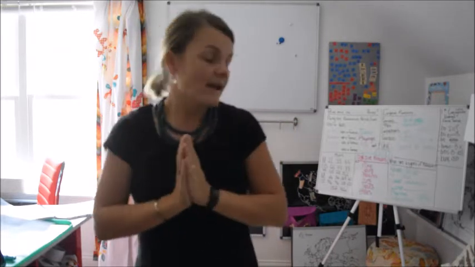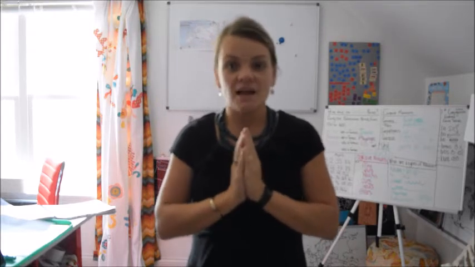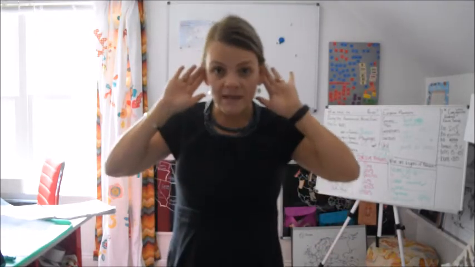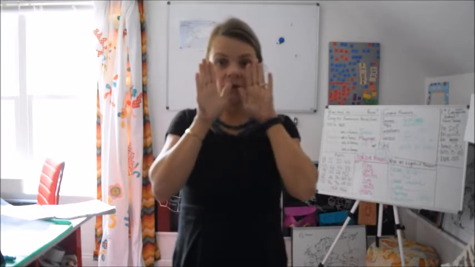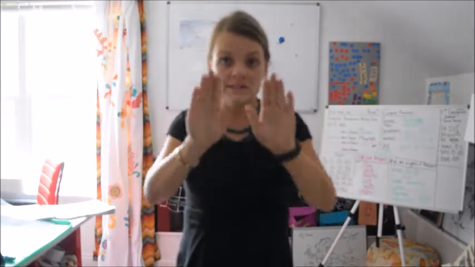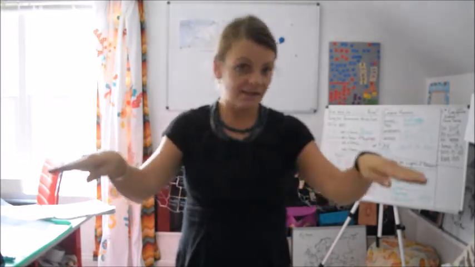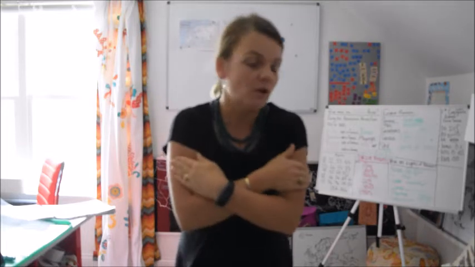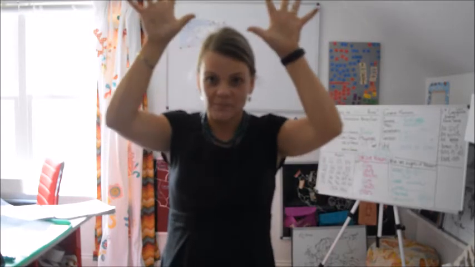And then for science, we have what are 6 types of pollution. And they are going to say 6 types of pollution are, and we're going to start at the top. So it is noise, air, we're going to blow out air, water, so we are going to go from the ears, noise, air, water, we're going to make waves down, then comes land, we're going to make flat land, then thermal, thermal is hot or cold, and the last one is radioactive, so we think green, radioactive, and we're going to make hair up.